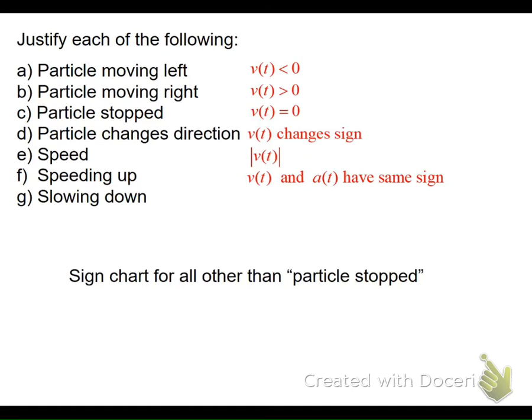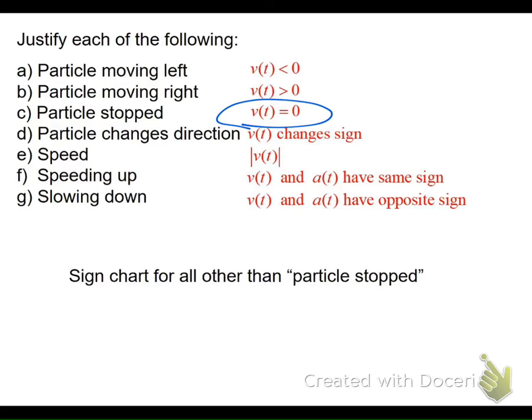Slowing down, velocity and acceleration have different signs. Okay, notice velocity is in all of them. All of these require a sign chart except for when the particle is stopped because there is no sign change. Okay, so those are all the things you have to know cold.